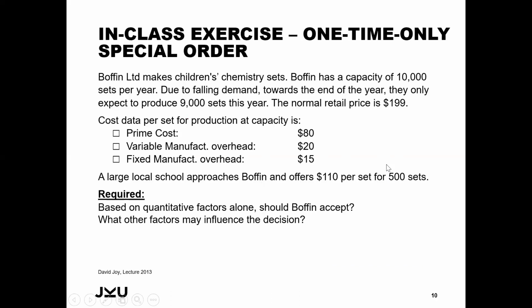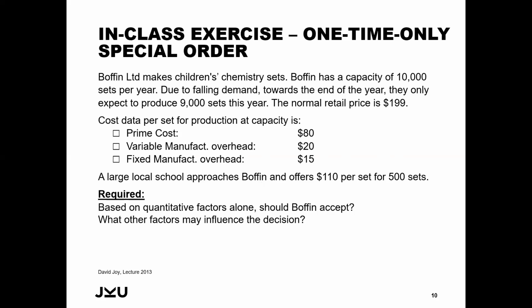We can treat that prime cost as a material cost, as a variable cost, so to speak. And then we have variable overhead costs as well, $20. So $80 prime cost, $20 variable overhead costs, and also fixed overhead costs of $15.